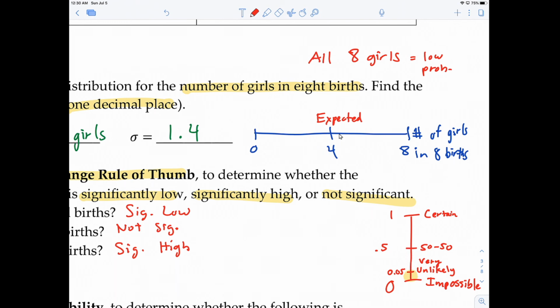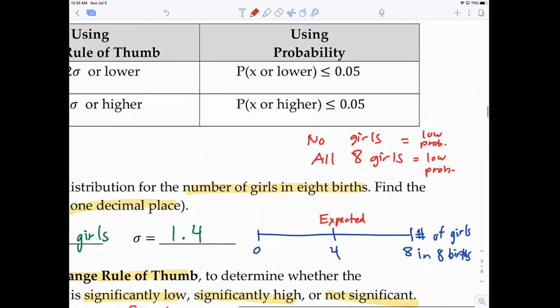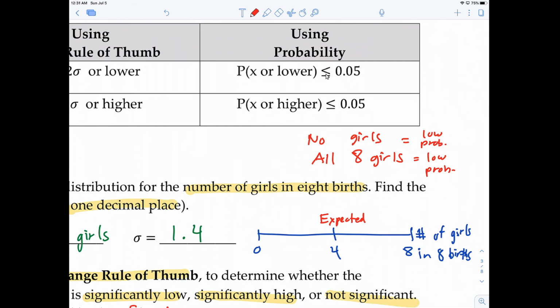Because we expect 4, and the further we move away to the left, the less likely it is to happen. So if we go to the extreme and say no girls out of 8 kids, that's also a low probability. So that's where we get this less than or equal to 0.05.